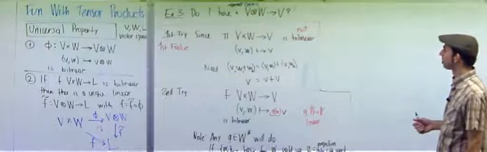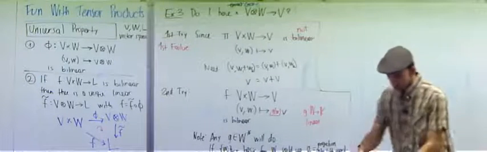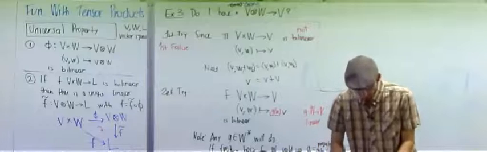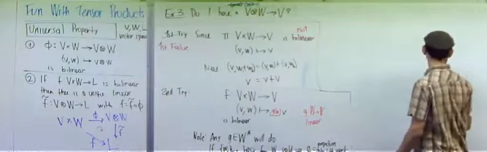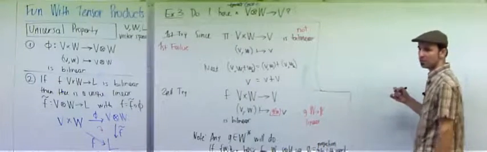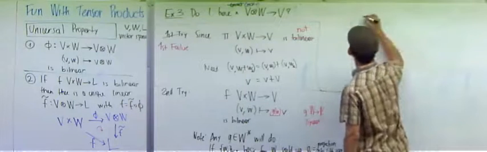Okay. So this is actually very useful, and I'll show you an example of this, which will answer several of the questions that you've asked me. So here's a useful lemma.